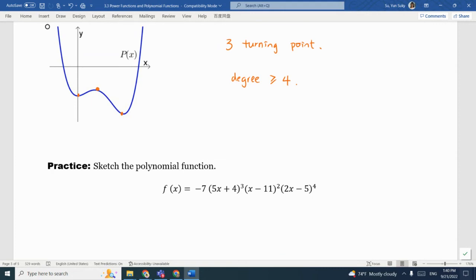Your leading coefficient and your y-intercept could be a very big number.